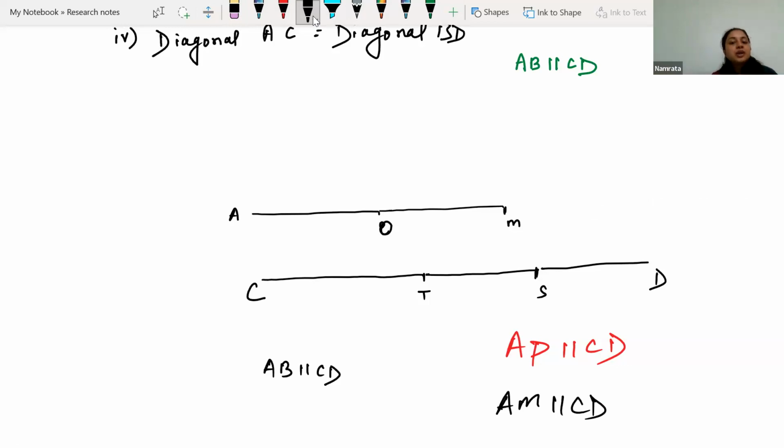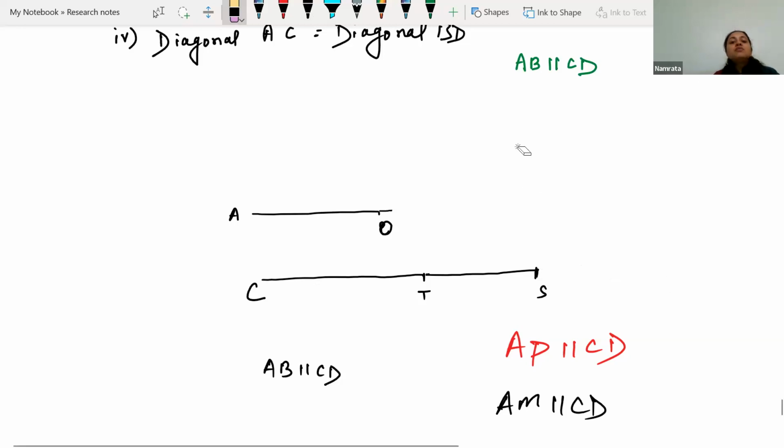If I rub it more and now only AO is remaining, still this AO will be parallel to CD. If we remove a part from CD also, AO will be parallel to CS. So if two lines are parallel, you can extend it, reduce it, whatever you want, both will still be parallel with each other.